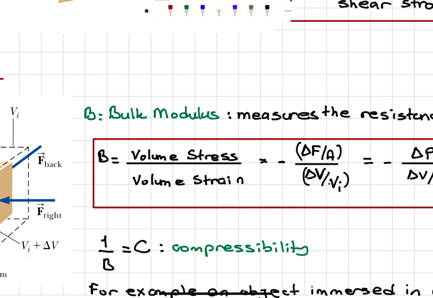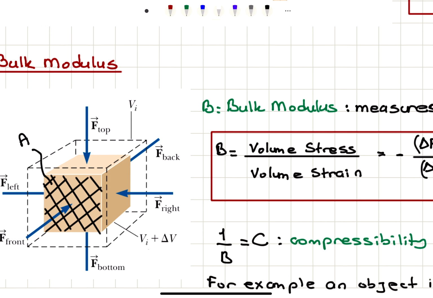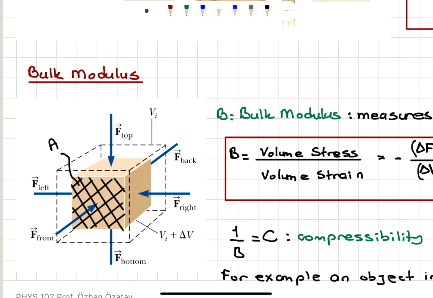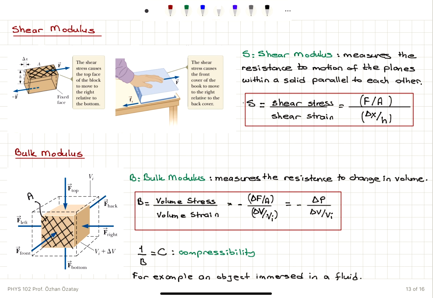And why is that? Because if you increase the pressure on all sides of the object, you typically see that the volume will decrease. So because we will get a negative value for the ratio, we put a minus sign here to define this constant for the object to be a positive number. Now, 1 over bulk modulus is called compressibility. So that also measures the same thing.